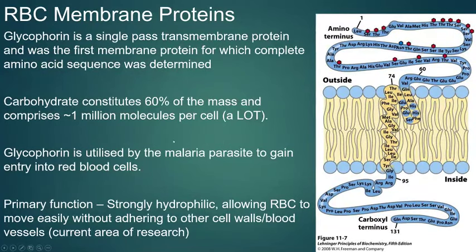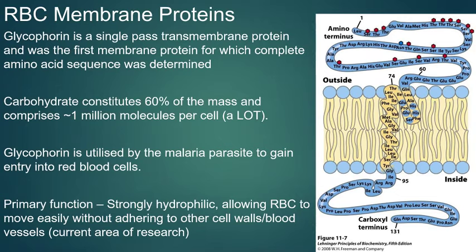So, glycophorin, interestingly enough, was one of the first transmembrane proteins that was studied and isolated. Now, glycophorin is actually manipulated and used by malaria, the parasite, in order to gain entry within red blood cells.